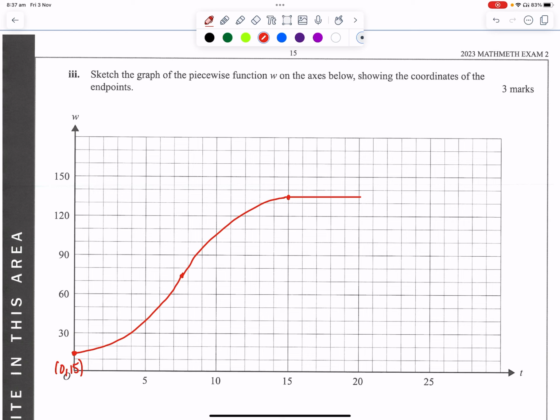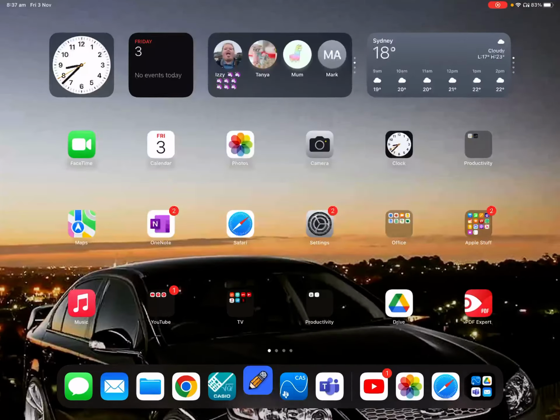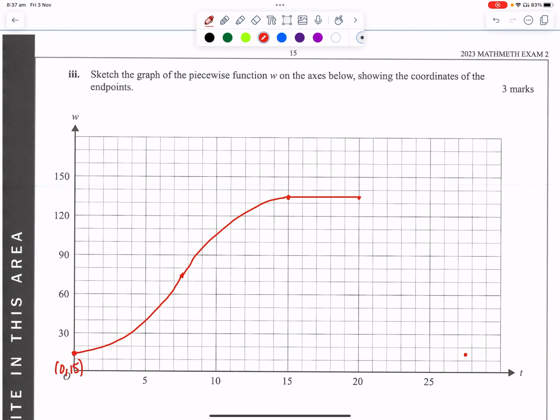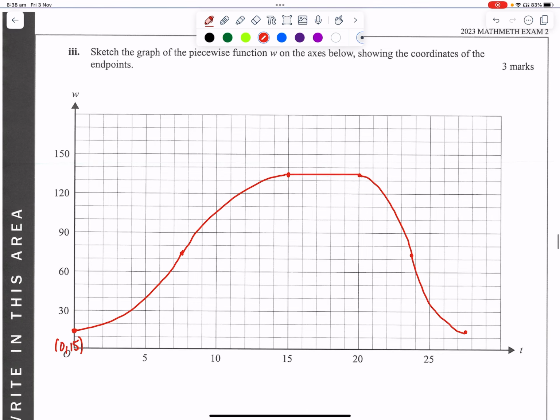We know it's going to end at 27.5, 15. And then halfway between those, 20, I can't be bothered thinking about this, 27.5 minus 20 divided by 2, 23.75. It's going to be at that value there. So it's going to look like that. Oops. It's going down at twice the speed. And like that.